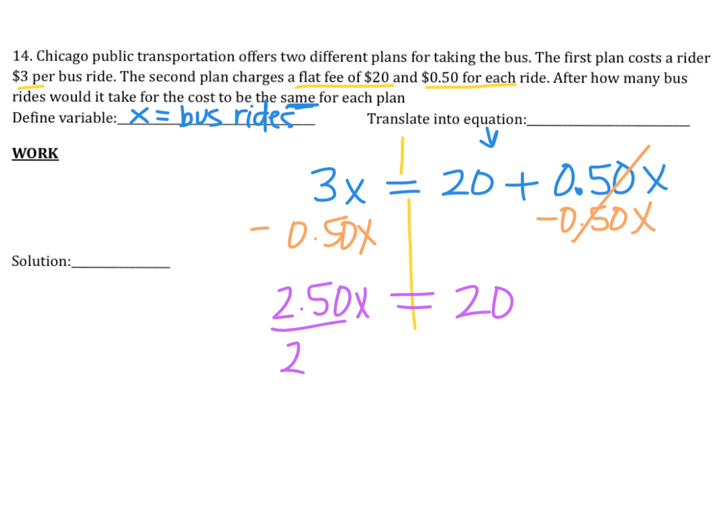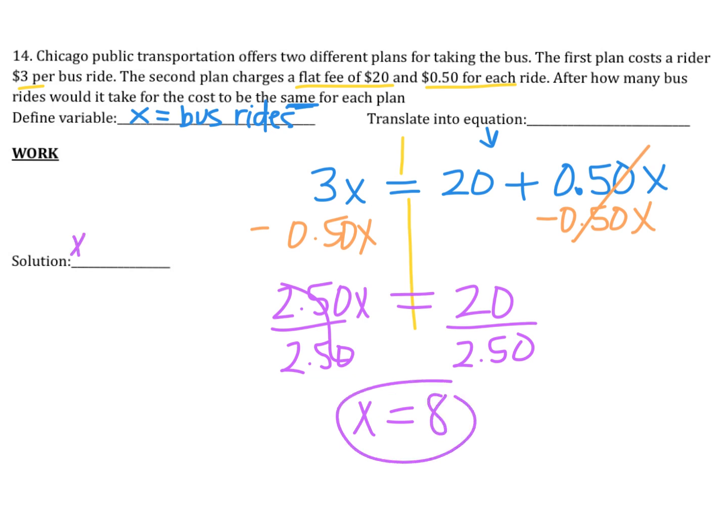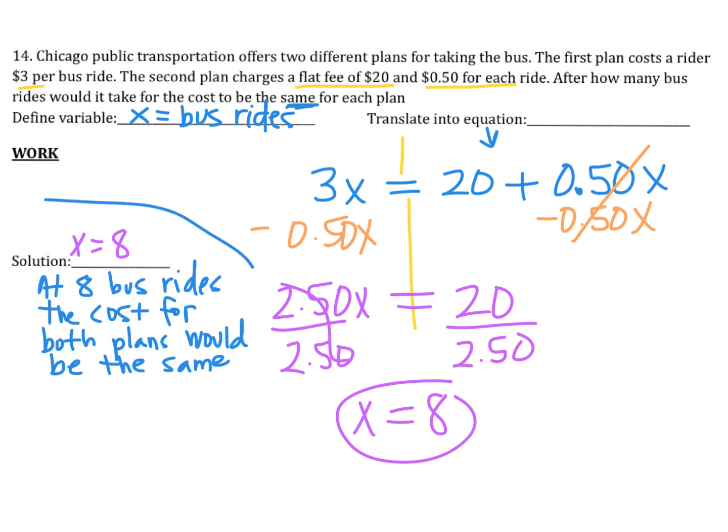And then we're going to divide both sides by 2.50. And that works out to be 8. Okay, so our solution, x equals 8, that means at 8 bus rides, the cost for each plan would be the same. Okay, so there's our solution there.